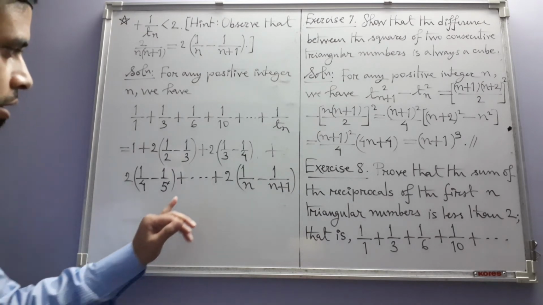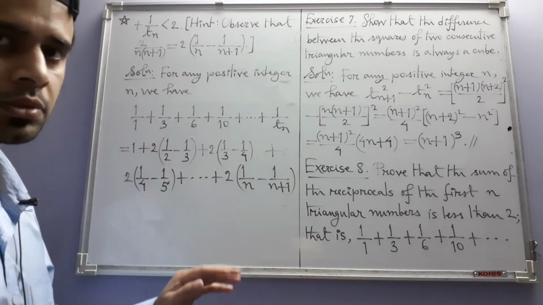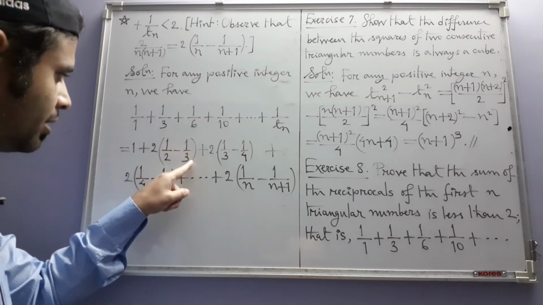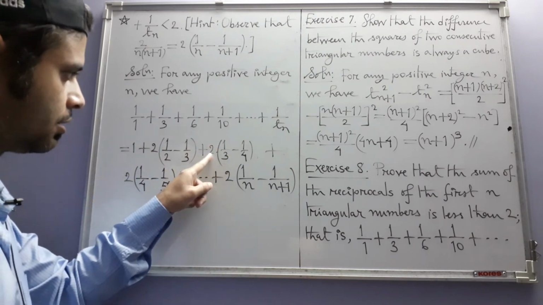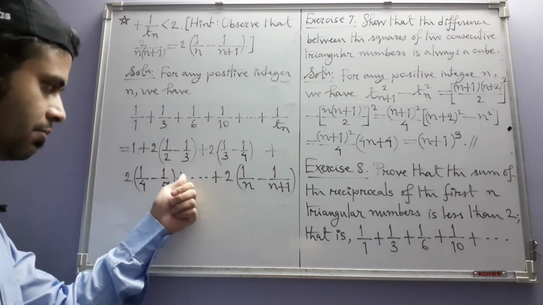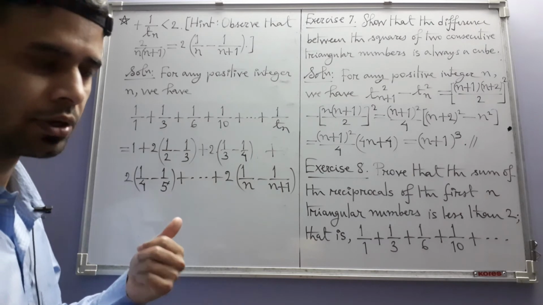Now you can see there are many terms that will get cancelled. For example, minus 2 over 3 plus 2 over 3, then minus 2 over 4 plus 2 over 4, minus 2 over 5, in the next term you will have plus 2 over 5.